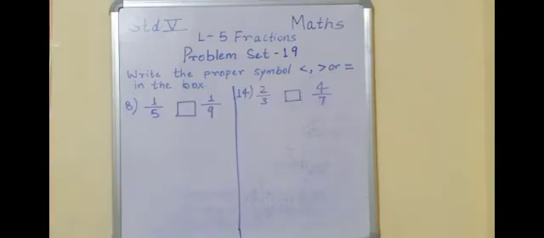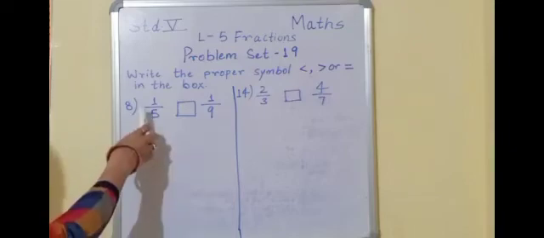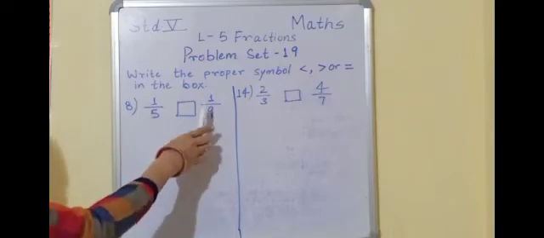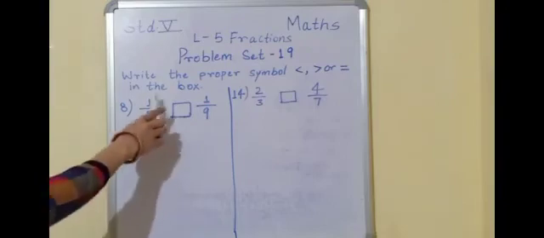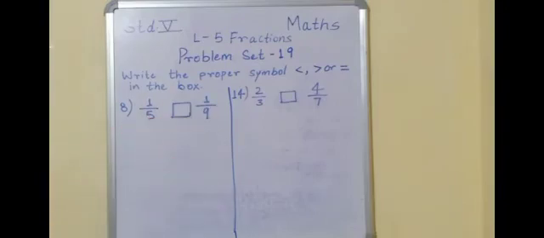From part 5 to 8, the fractions are having same numerators. When numerators are same, compare the denominators. We know greater the denominator, smaller is the fraction. For example, come to the 8th part, 1 by 5 and 1 by 9. As the numerators are same, comparing the denominators, 5 is less than 9.